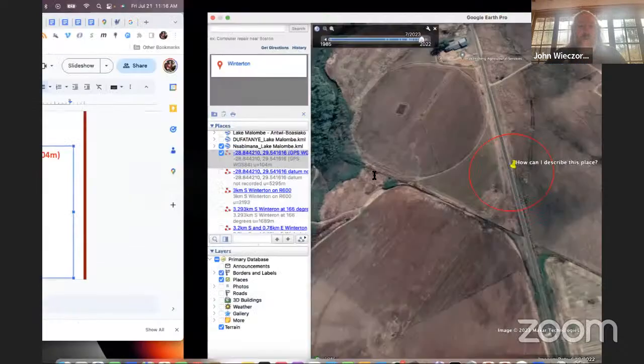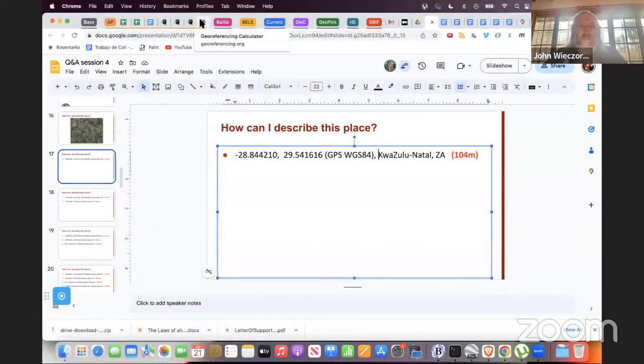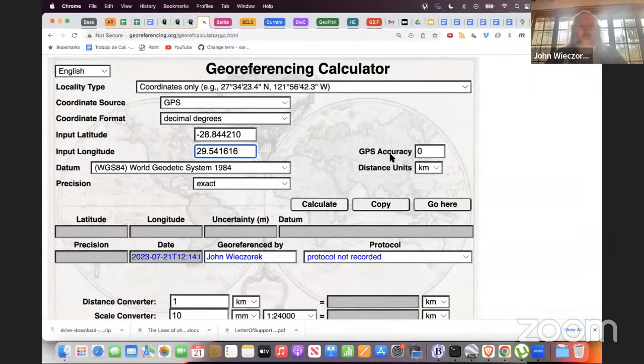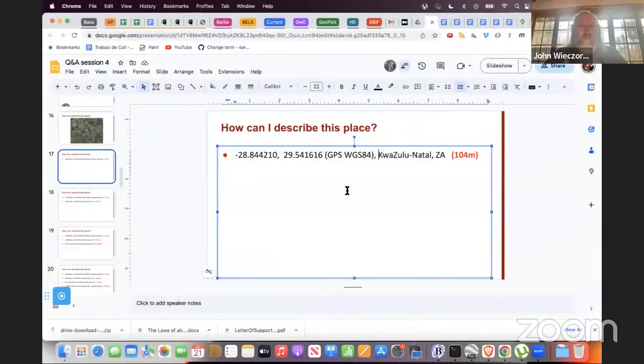So what do I put in the calculator? Again, back to the description. Any ideas? We actually mentioned that earlier today.